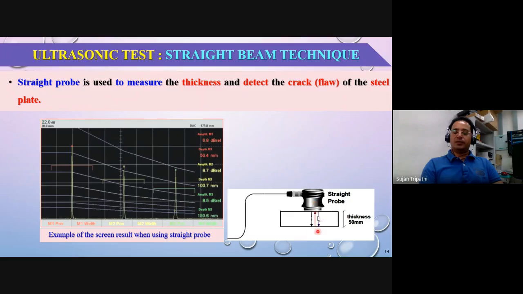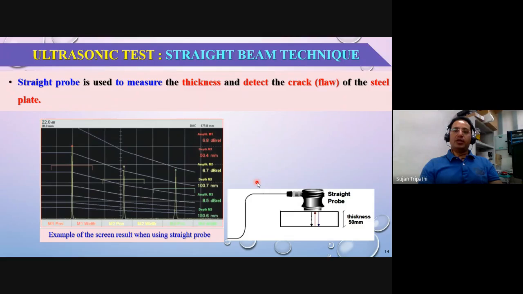The probe sends the signal to the device, and then the device calculates the length, as I showed in the relation in the second slide, I think. Then we can see the depth of the plate here.